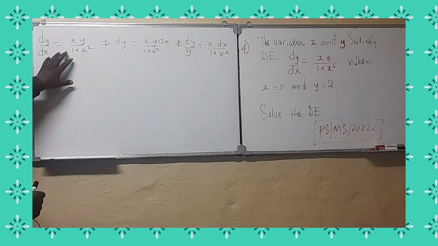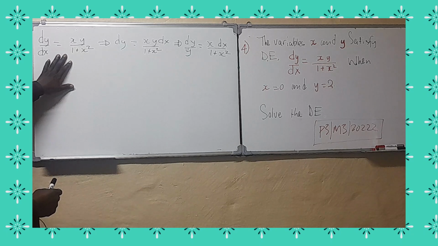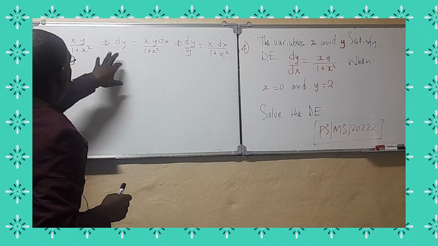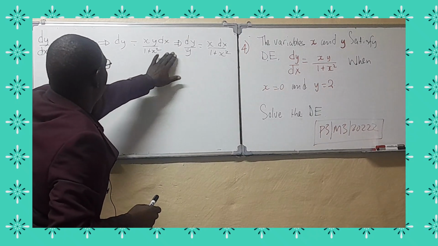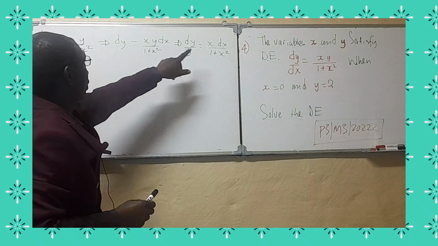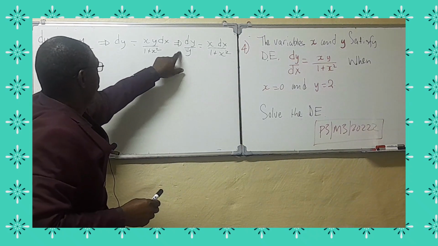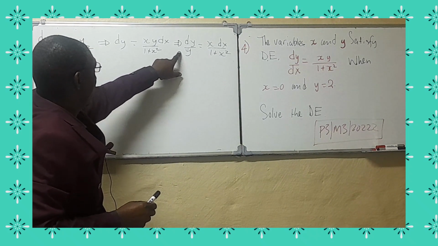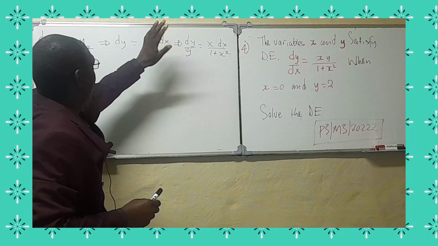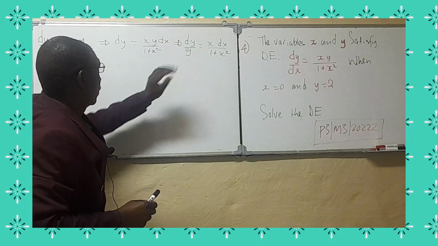First of all, we have the differential equation in its original form like that. Then we took dx to this side. We got here. We divided both sides by y. We got here. And now our x's and dx's are on one side, and our y's and dy's are on the other side.